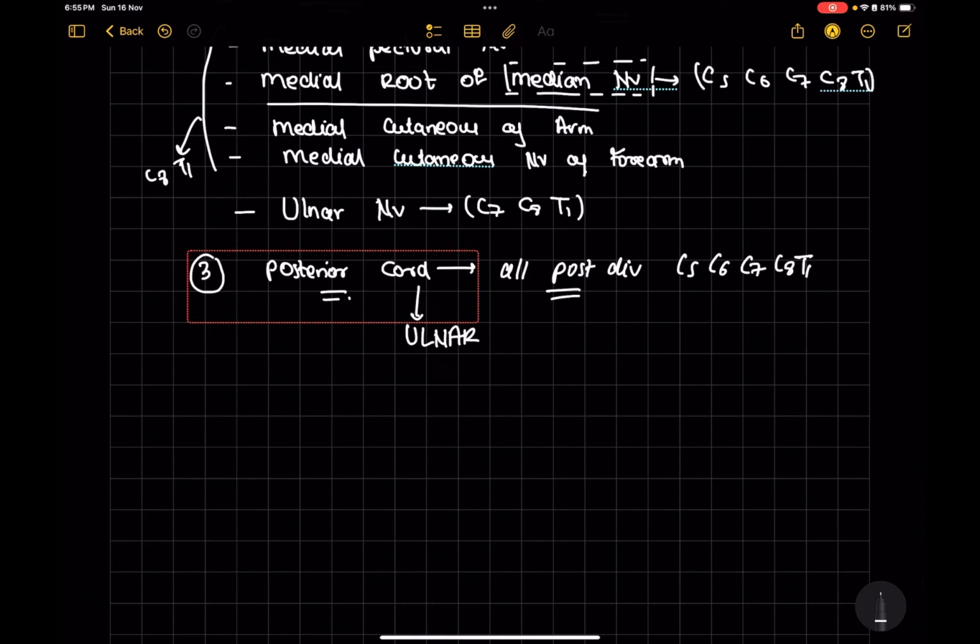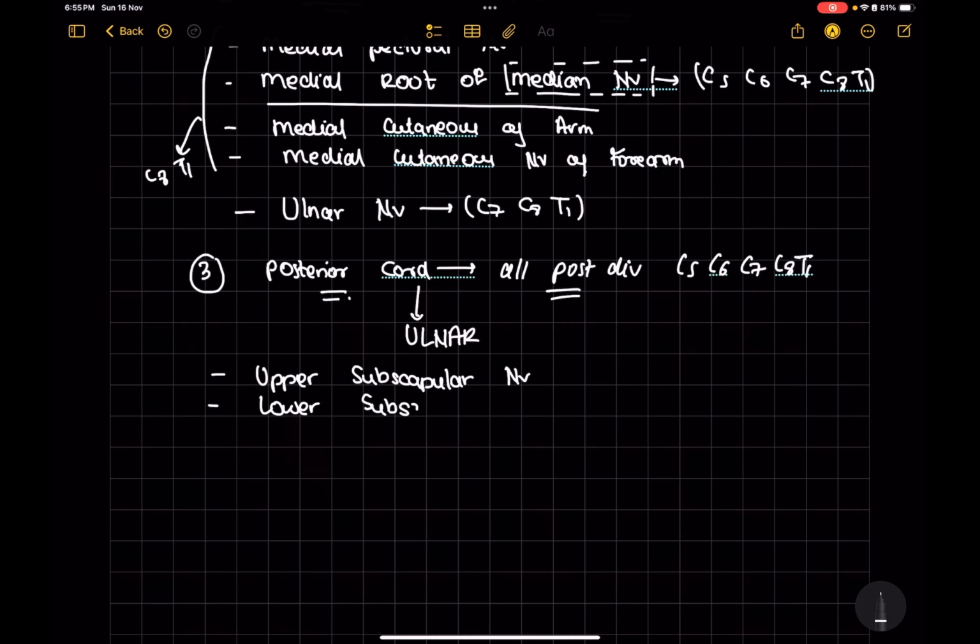It goes like upper subscapular from U, lower subscapular, then N is nerve to latissimus dorsi. Again, latissimus dorsi is a muscle.